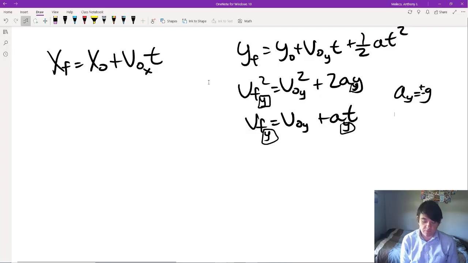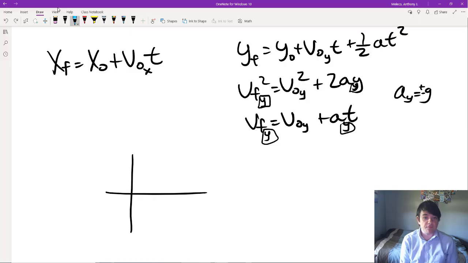The other thing we need to do is, because we're now dealing in 2D space, we're going to have more than just a v0 that is only in the x, so a v0 x like this and a v0 y like that. So what do we do if we have a diagonal v0?